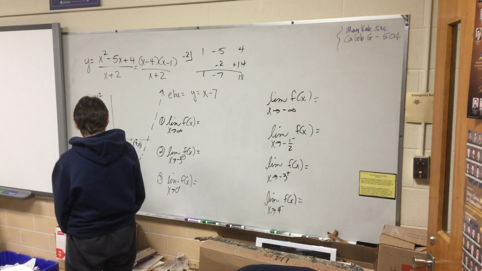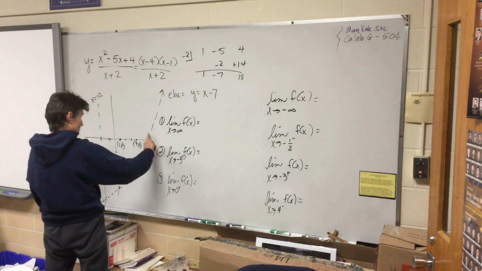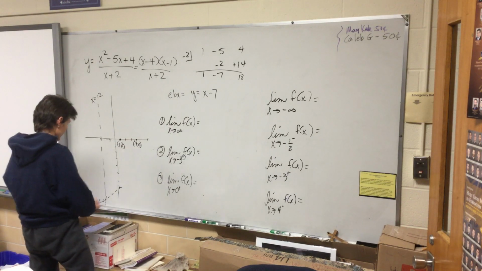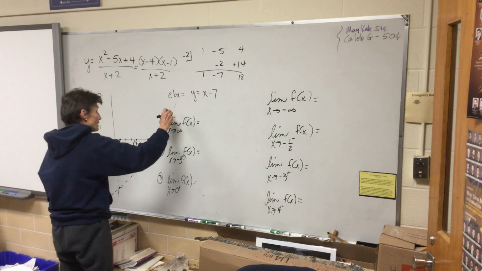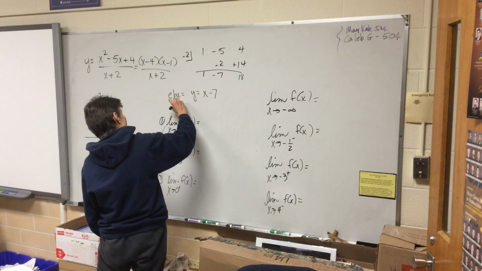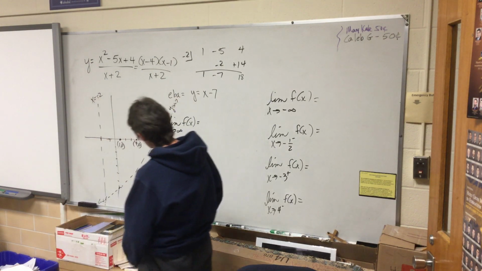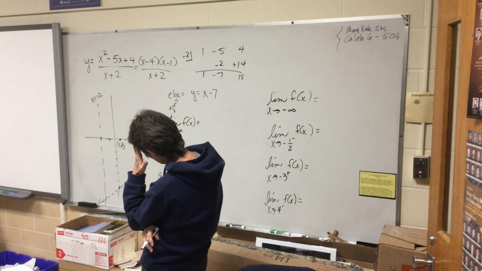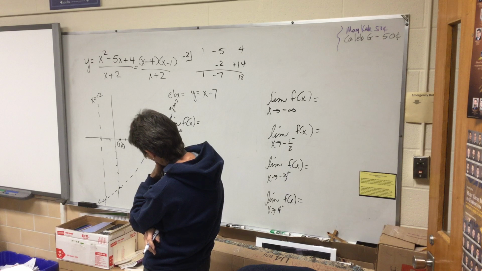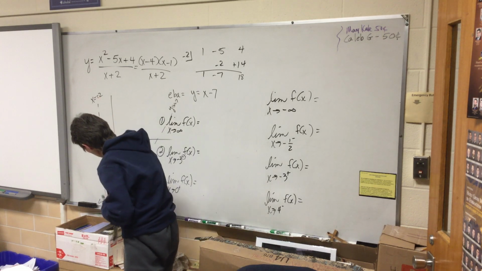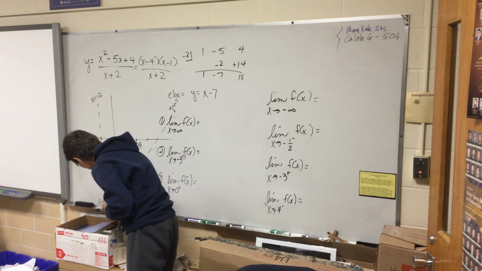That's supposed to be a straight line. It's a straight line, and that's y equals x - 7. It still does not look straight, but you know it's supposed to be straight, right? Yeah. And it crosses the vertical asymptote right down here.